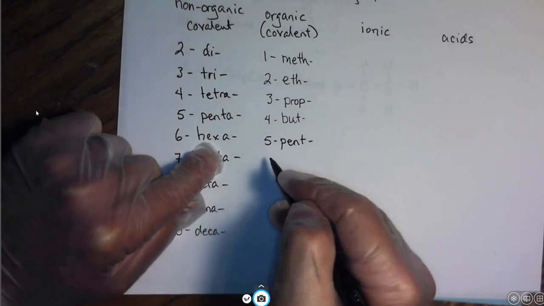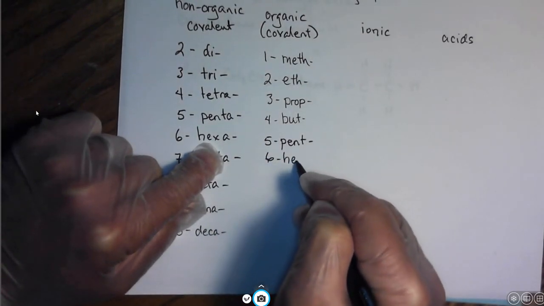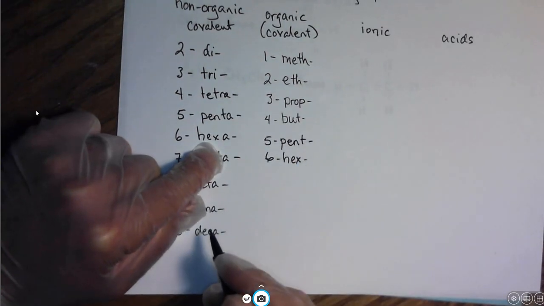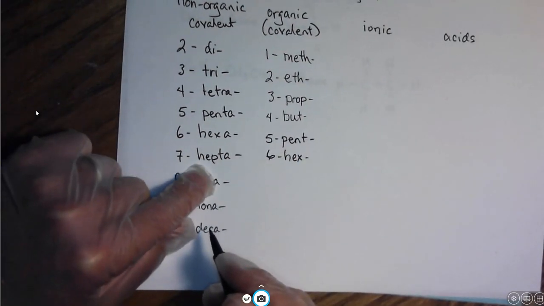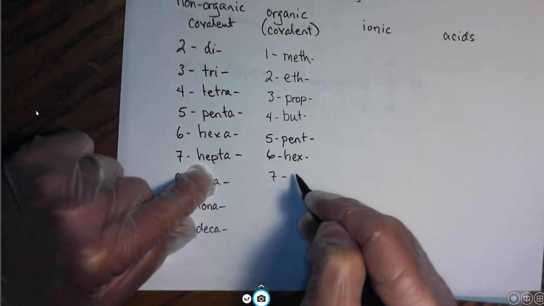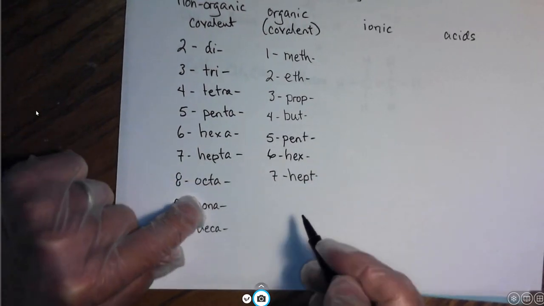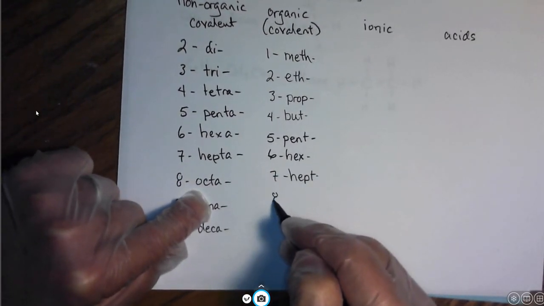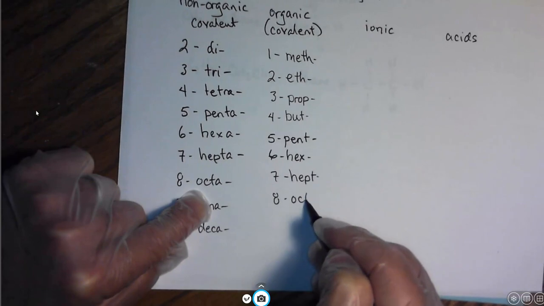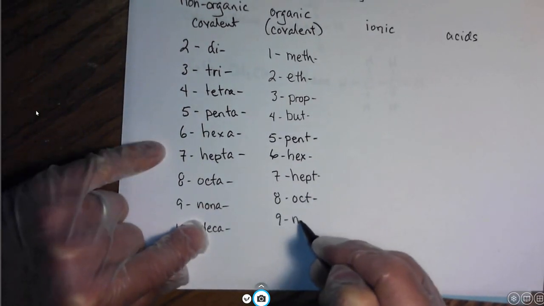The root name for 6 is like this one. It's hex. For 7, it's kind of like this without the A on the end. Hept. 8 is oct. 9 is non.